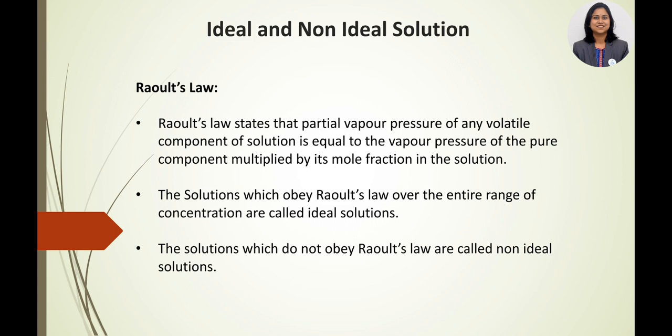So here, according to Raoult's law, x1 and x2 are the mole fractions, P1° and P2° are the vapor pressures of pure components of liquids, and P1 and P2 are the partial vapor pressures of the two liquid components in the solution.